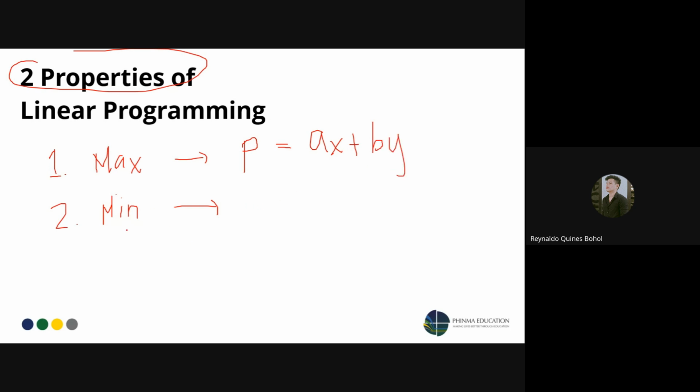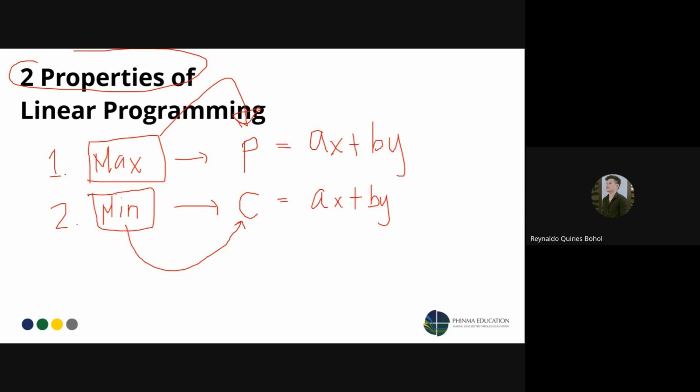And when it comes to minimize problems, that is denoted by C. C is cost. C is equivalent to EX plus BY. So from the word itself, maximize, the maximum profit. So yun yung pinakamataas. From the word itself, minimize, the minimum cost, kung saan siya makakatipid. The minimum is the lowest, the lowest number that we're going to solve.